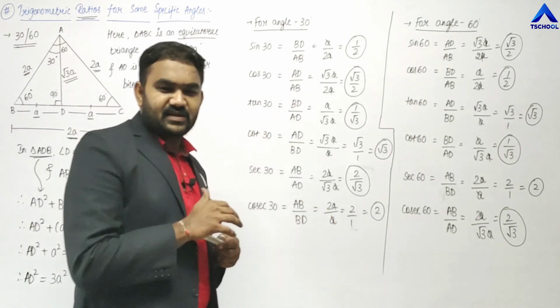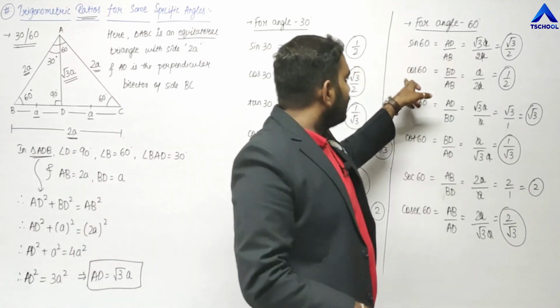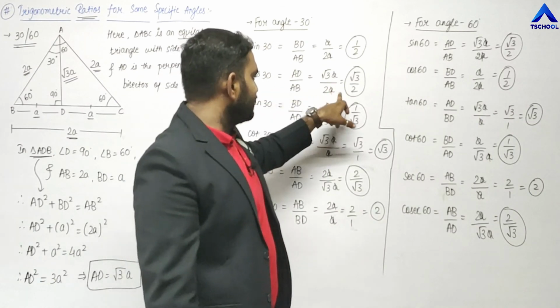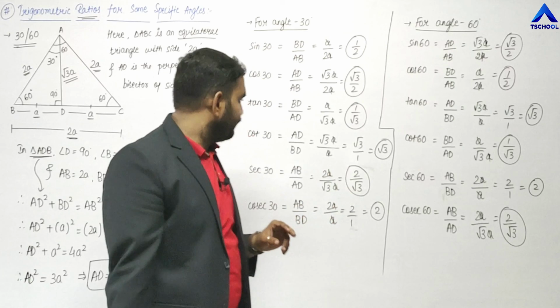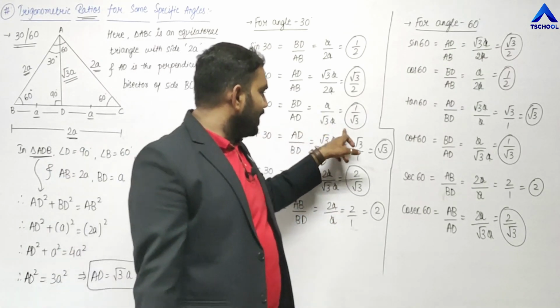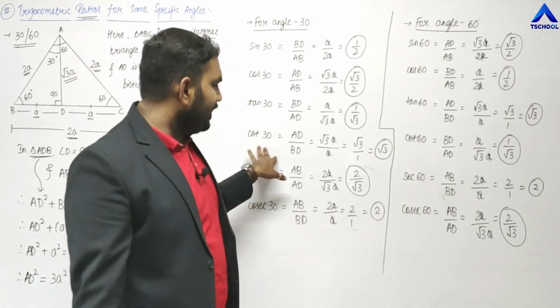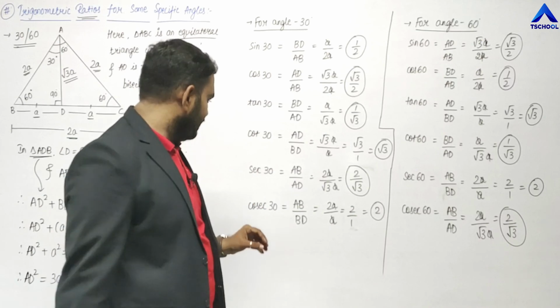Again, spot the similarities. Sin 30 equals 1 by 2, cos 60 equals 1 by 2, cos 30 equals root 3 by 2, sin 60 equals root 3 by 2. Similar. Tan 30 equals 1 by root 3, cot 60 equals 1 by root 3. Cot 30 equals root 3, tan 60 is also root 3. Again similar.